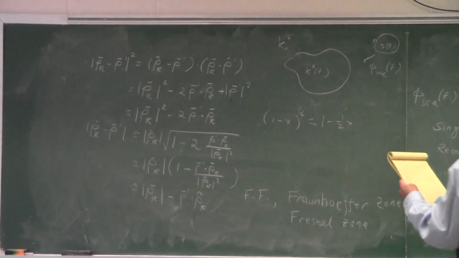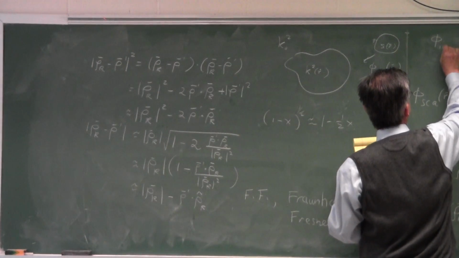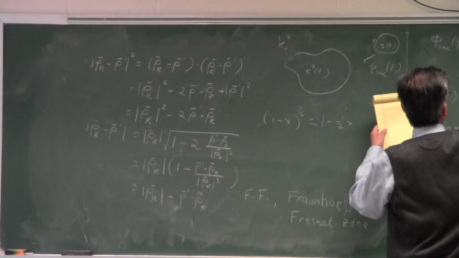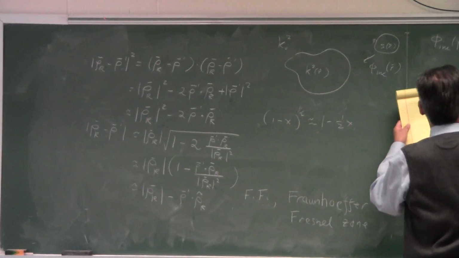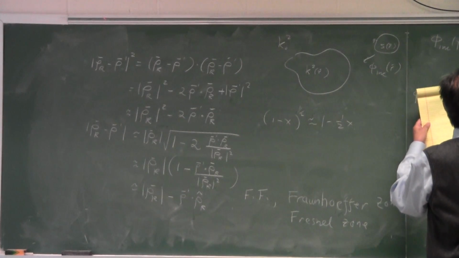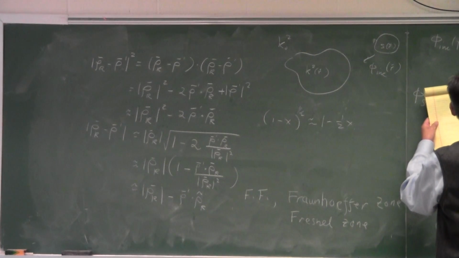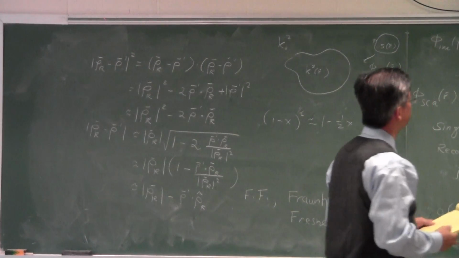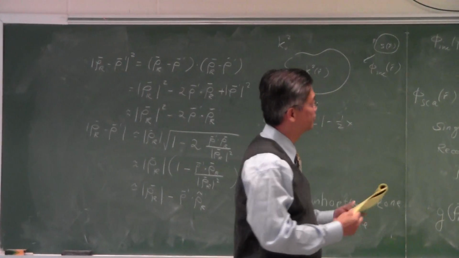I can write the incident field as being due to a point source in 2 dimensions, equal to the Hankel function of the first kind.